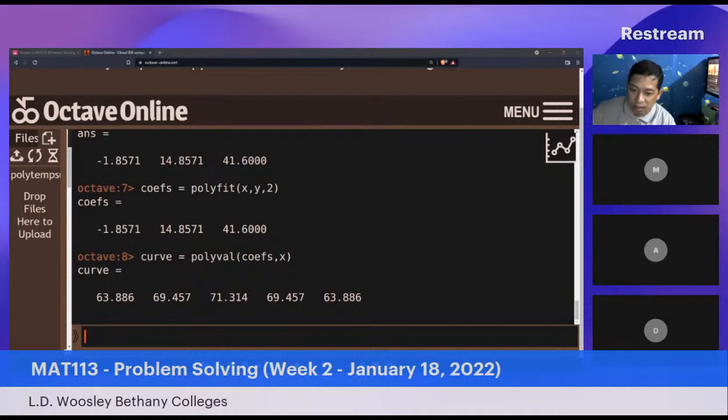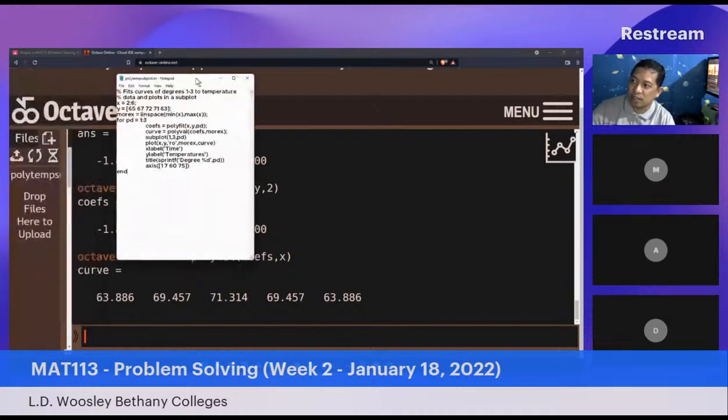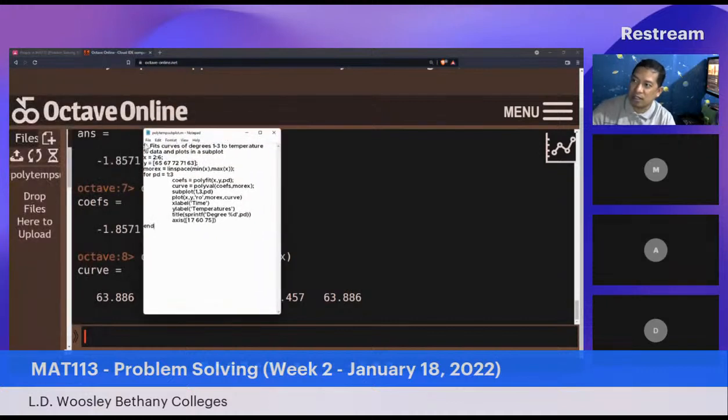Okay, there is an M file here called polytemp, no? So we could always make use of a text file to upload, no? So itong gagawin nyo, pwede nyo copy paste muna for the meantime, pero pag kinopy paste sa Word document ay sa ano lang, ito lang guys, sa notepad.